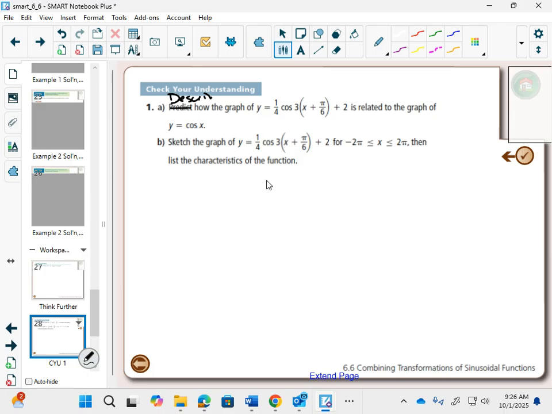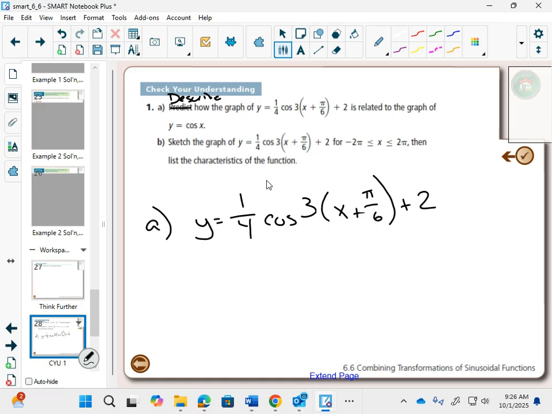Describe how the graph is related, or it would say describe the transformations. So I'm going to color code this.